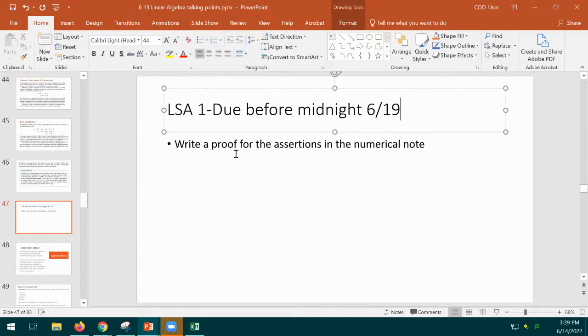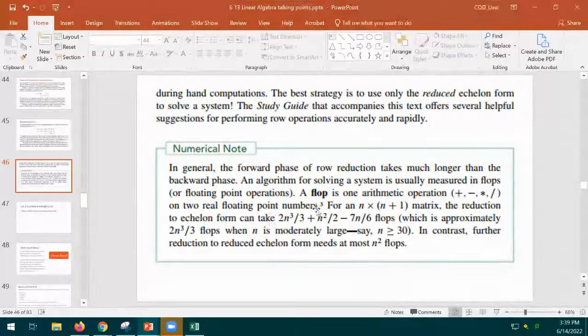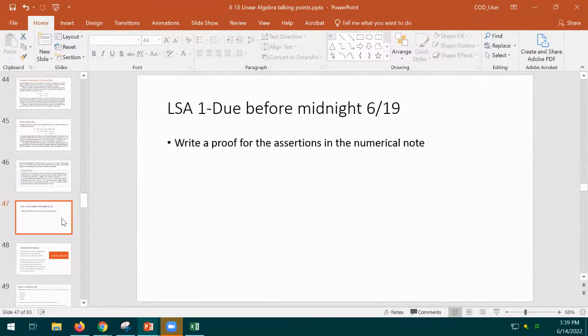So what you want to do is prove these numbers. Actually go through and show that if you have an n by n plus 1 matrix, it takes this many floating point operations to reduce to echelon form, and the other part, it takes n squared flops to reduce it to reduced echelon form. That's a proof, and you can get help and work together.